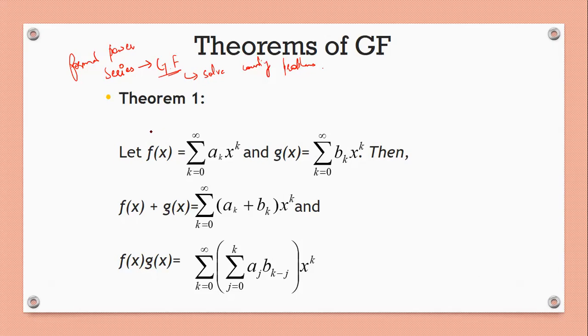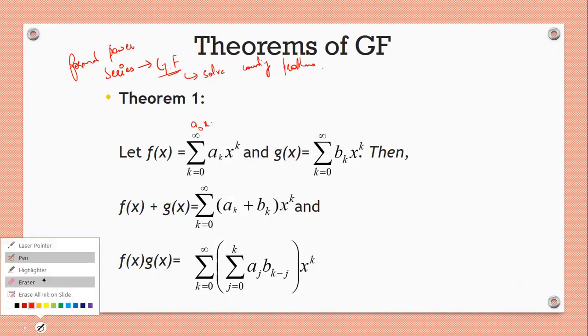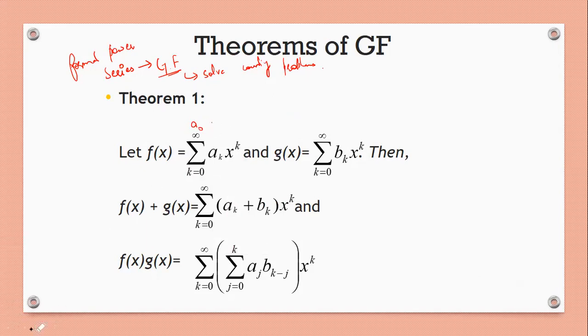First and foremost, suppose we have two series f of x and g of x, where f of x is a0 plus a1x plus a2x square plus and so on up to infinity, and g of x is b0 plus b1x plus b2x square plus and so on up to infinity.